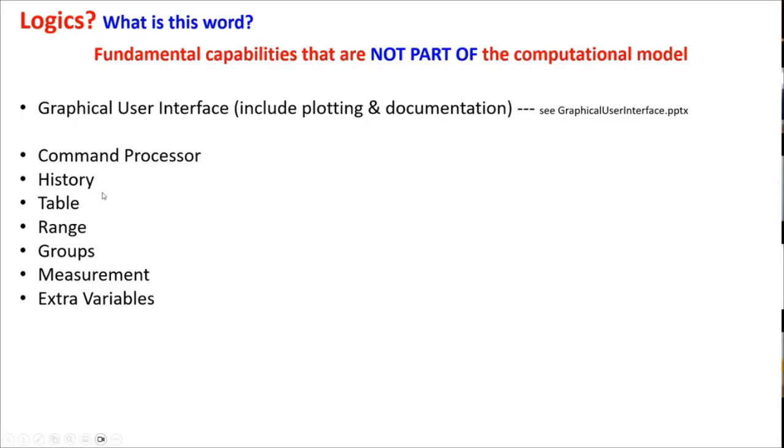There's this history logic you've been using. There's this idea of XY pairs that are tables that we can visualize. There's going to be this range logic that's going to allow us to control when you give a command, you might only want it to apply to a restricted set of things, to a range of things.